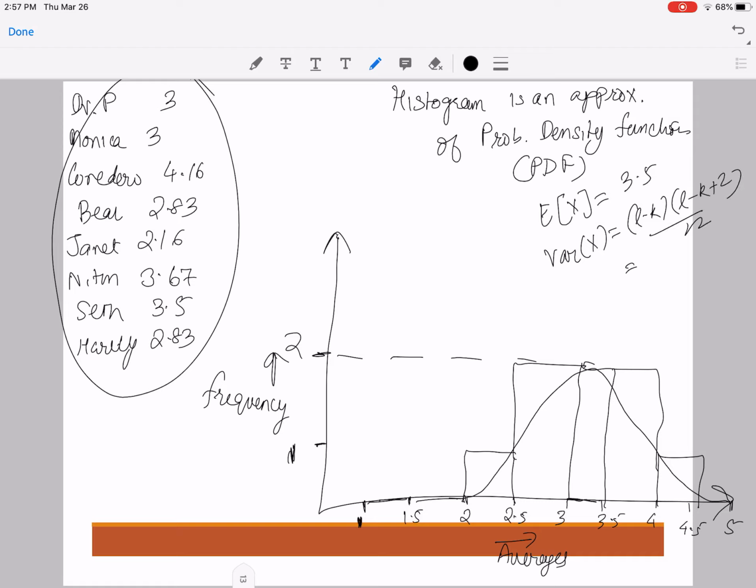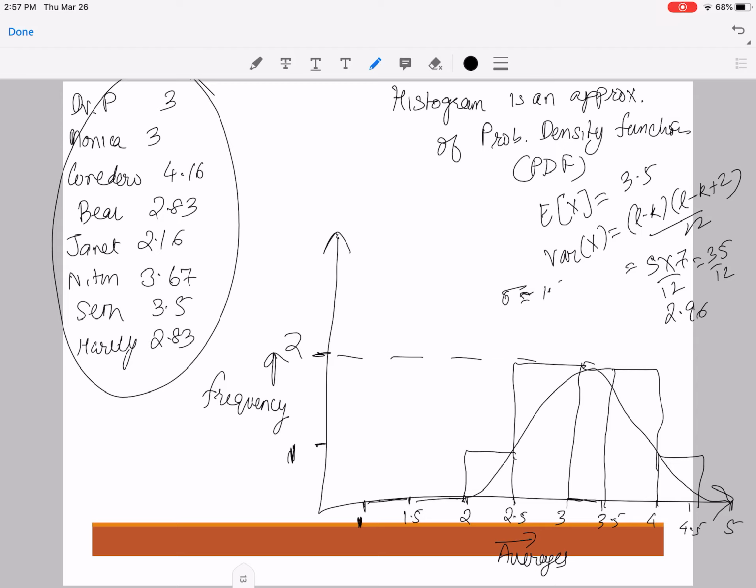So that is 5 times 7 over 12, so that is 35 over 12. So the variance of this experiment, rolling a die, is 35 over 12, which is 2.91. So that's the variance. So sigma will be the square root of that.